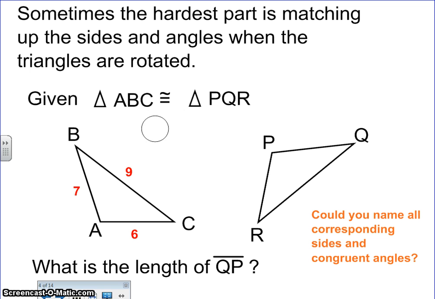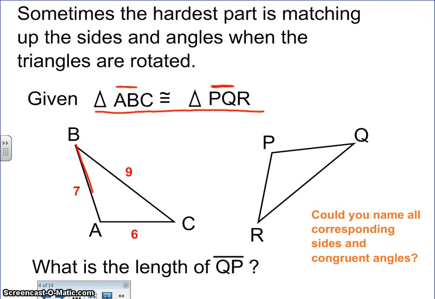The next thing that I want to point out is that when you're told that two triangles are congruent, the order of the letters in the statement is important. If we're given that triangle ABC is congruent to triangle PQR, then we can make statements just based on this. The first one is that AB, that segment right there, matches up with segment PQ. So I can go ahead and color code these things.